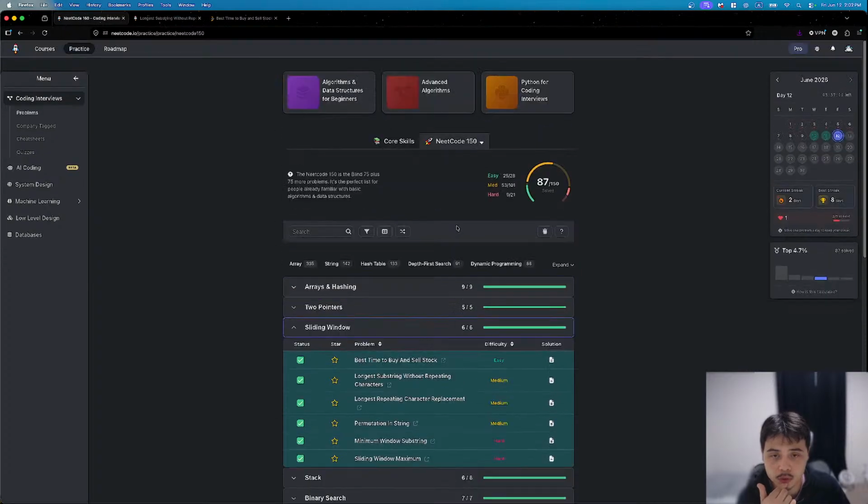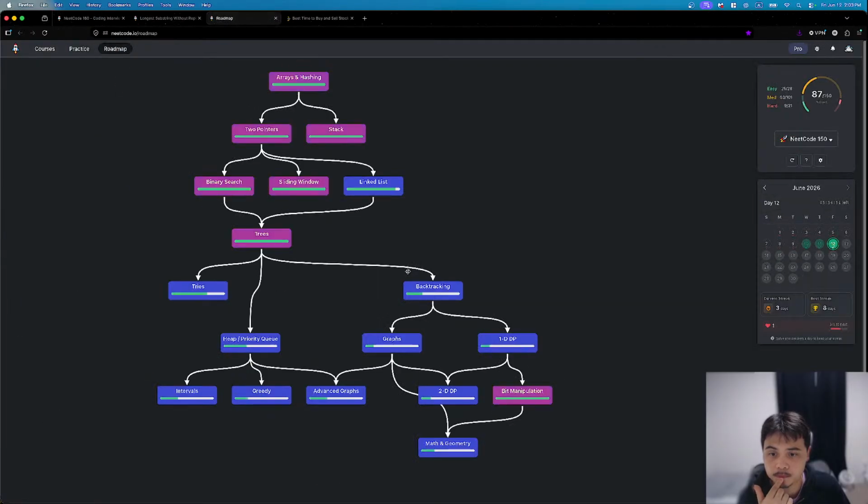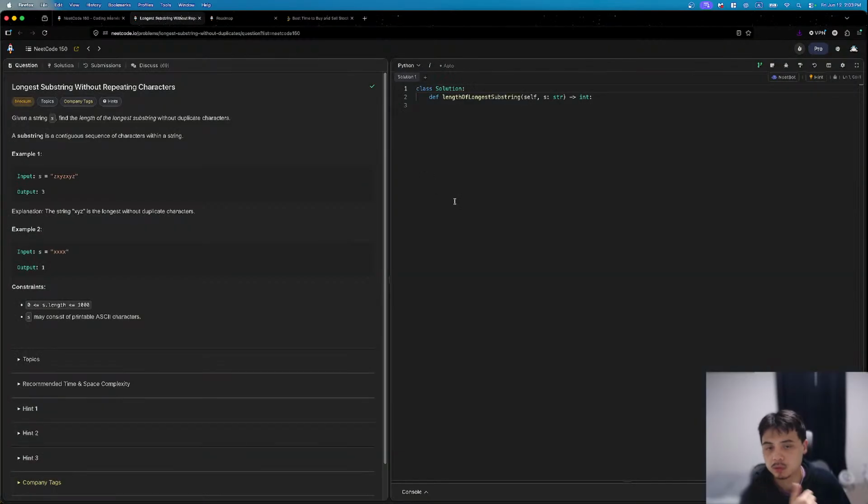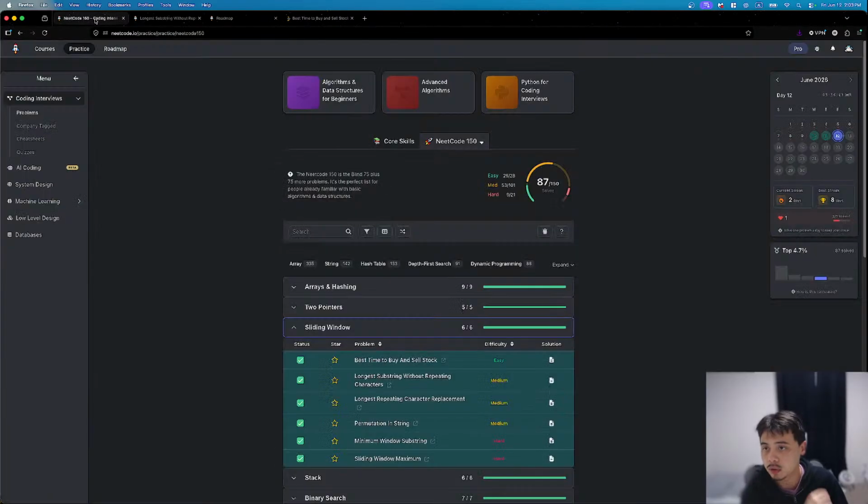What's the actual roadmap? Tracking DP, okay. So we're going to solve longest substring without repeating characters.